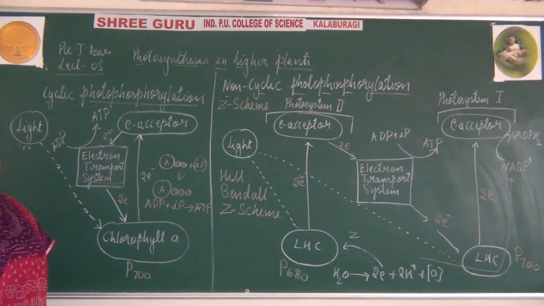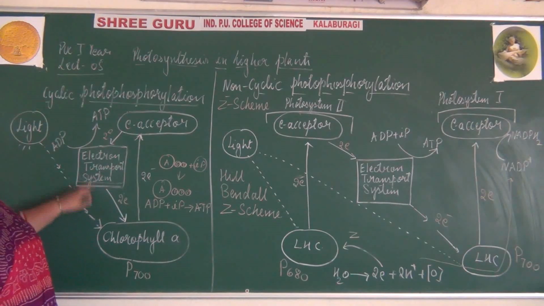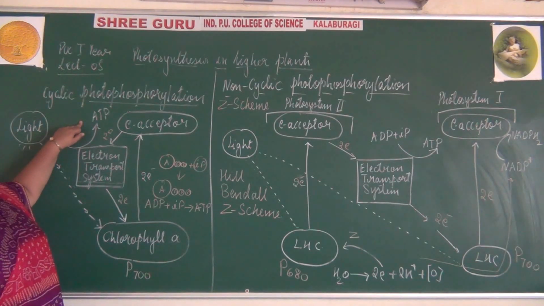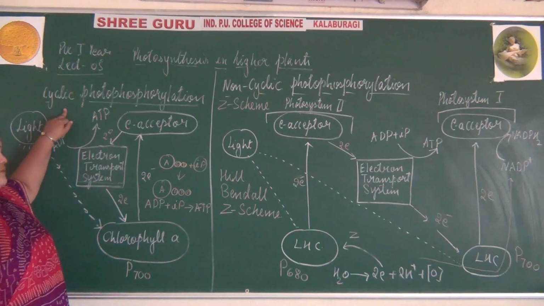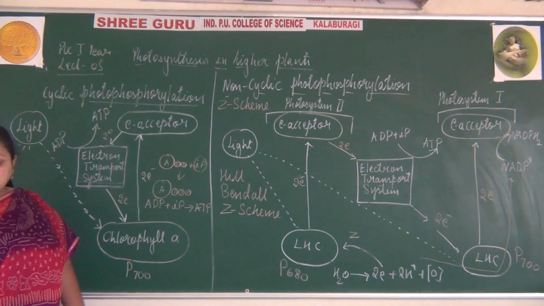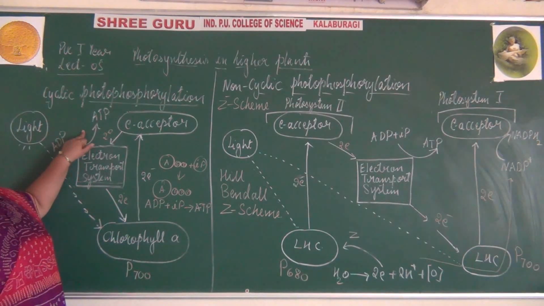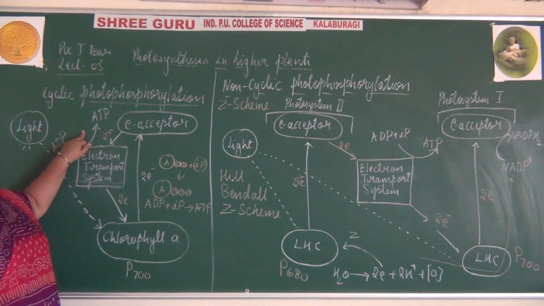Then you will find another difference here. Here only ATP molecules are synthesized. So in cyclic photophosphorylation, during all these processes, only ATP molecules are synthesized.